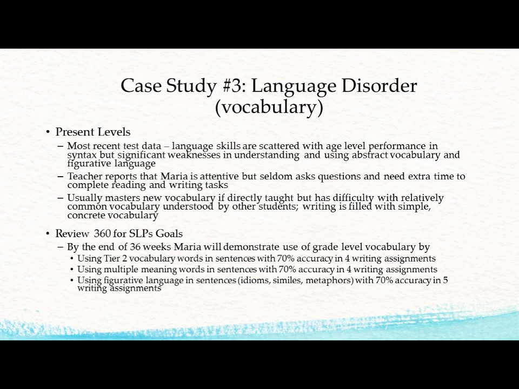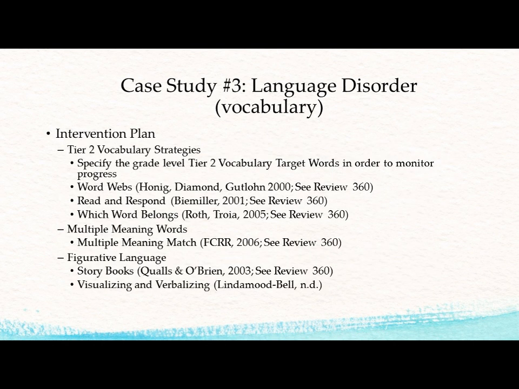And then looking at steps 5 and 6, designing the intervention and monitoring progress, we can see that in the area of Tier 2 vocabulary strategies, as I've mentioned, you want to specify the grade level Tier 2 vocabulary target words in order to monitor progress.